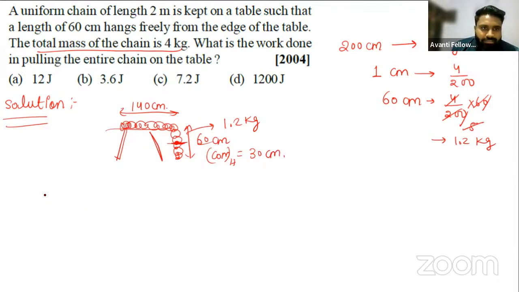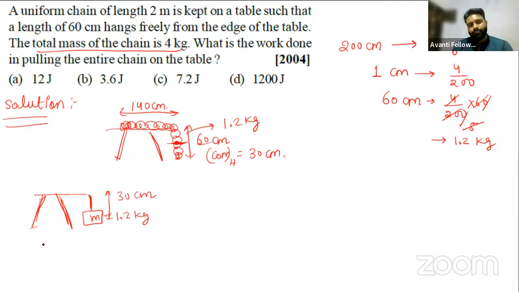So now you can consider that this is a block of mass 1.2 kg, which is placed at a distance of 30 centimeter. Now the question is simple.